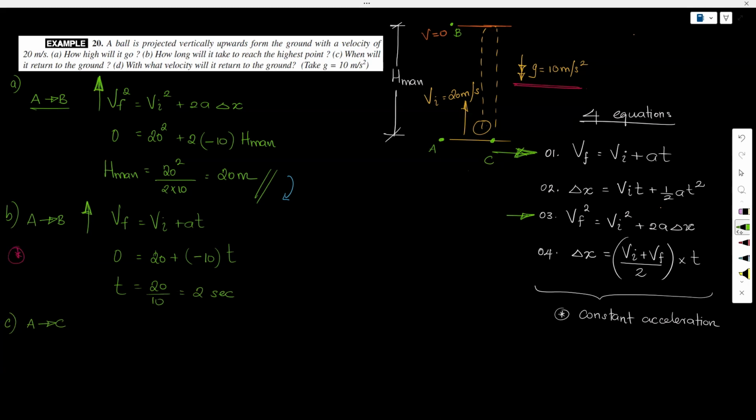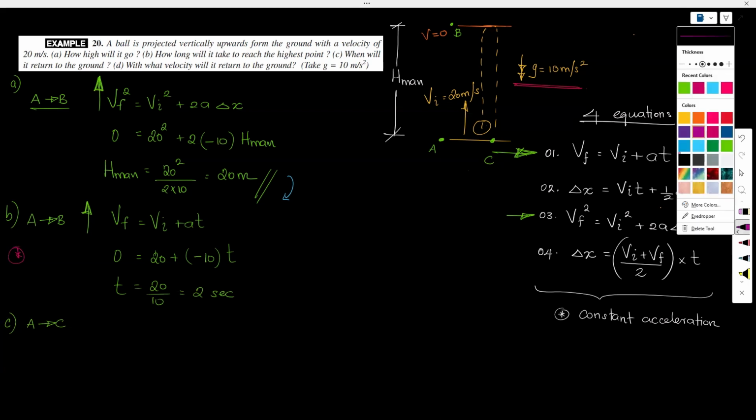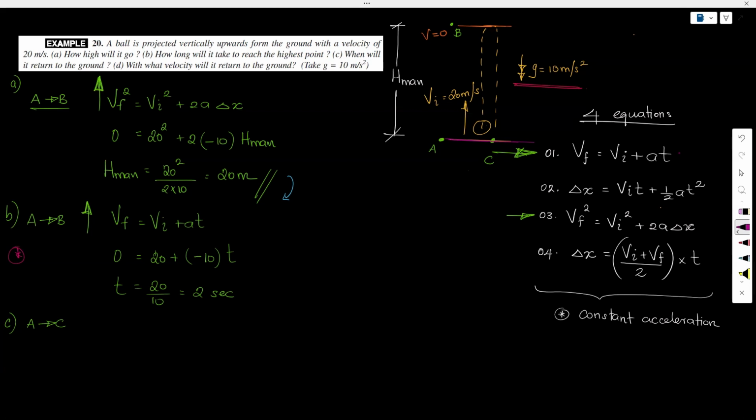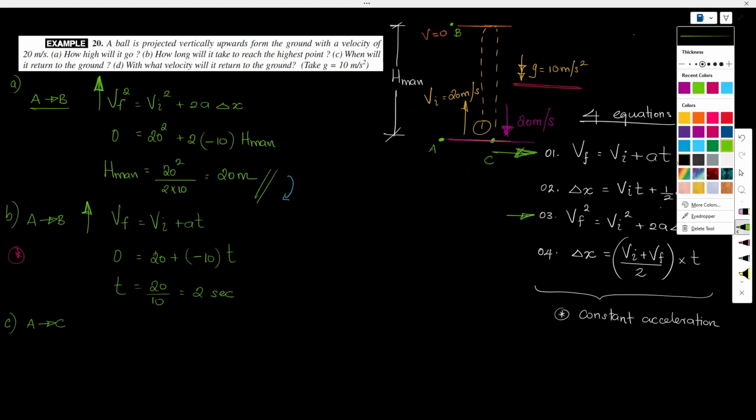There is another thing we know from previous examples: if the particle you have thrown upward reaches the same height, the speed would be the same, but the direction would be different. So velocity is reversed. At this height, I know the velocity is going to be pointing downwards at 20 meters per second. That is something we know from the previous examples.